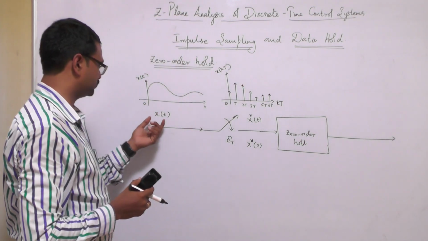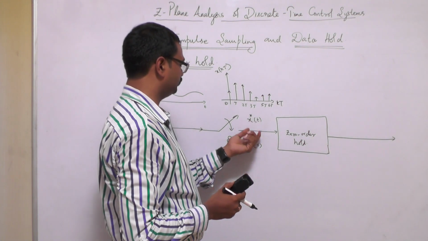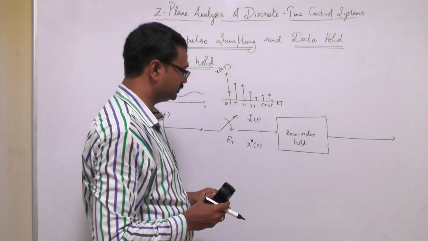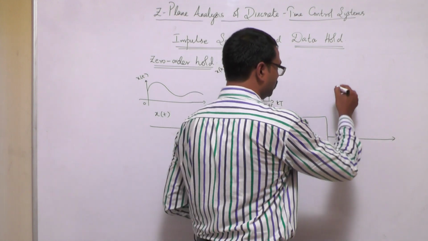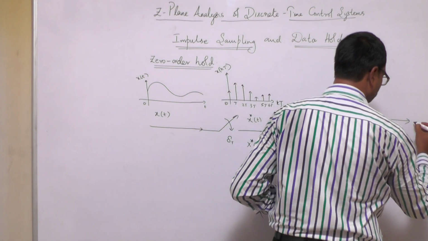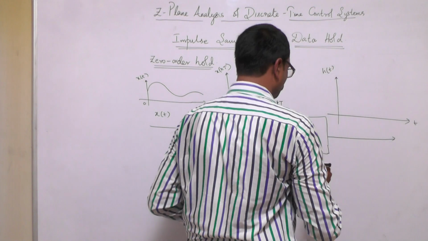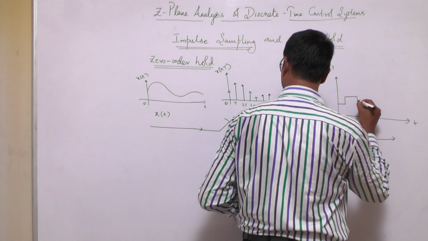When this x of t is applied to the sampler delta t, you get x star of t, or x of kt, or x star of s. Then x of kt can be represented in this form, and if this signal is applied to the zero order hold, we are going to get this signal. You are going to get h of t, and this is the signal.